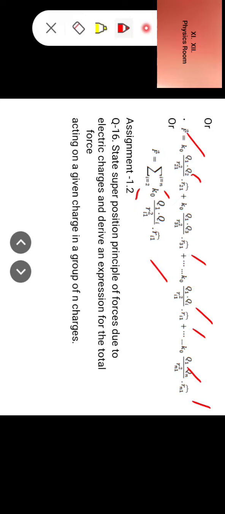So this is the total force acting on Q1 due to the charges Q2, Q3, Qi, Qn. Okay, so this is a simplified expression for the total force.